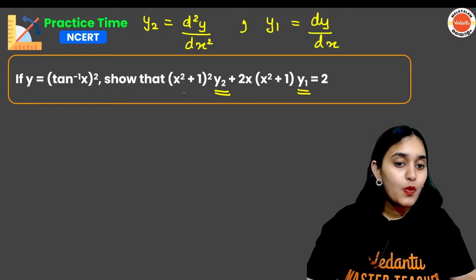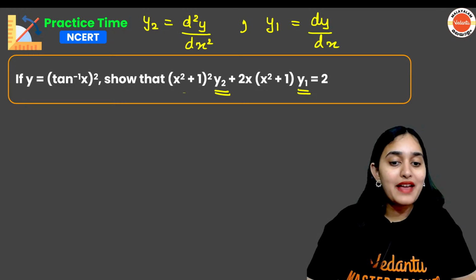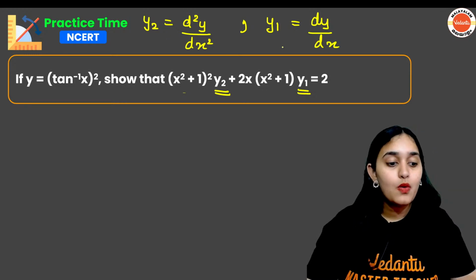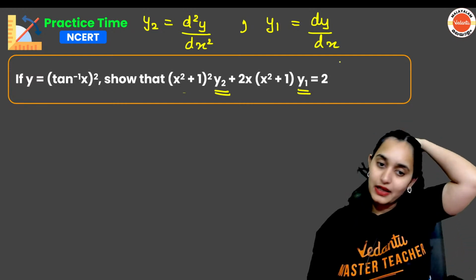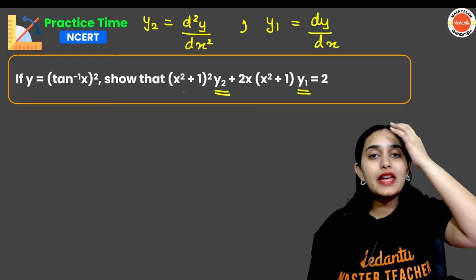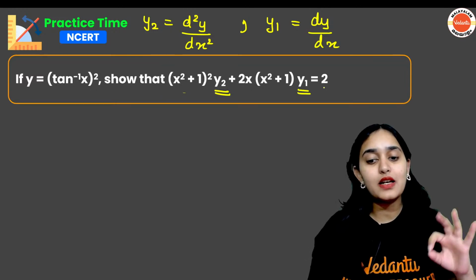Clear? First order derivative and the second order derivative. So we have to prove that this equation is equal to 2.